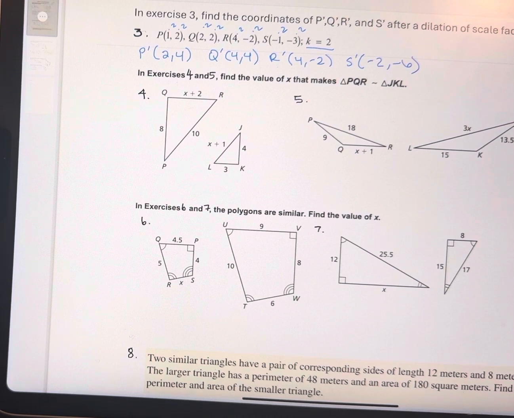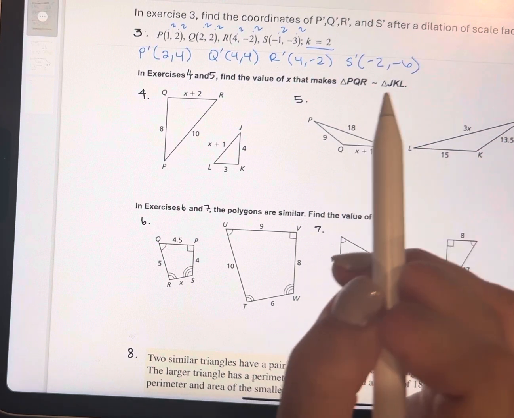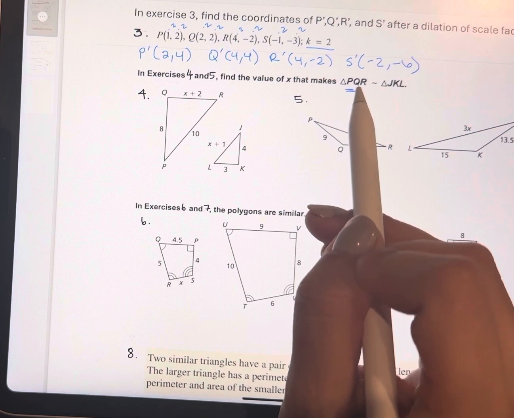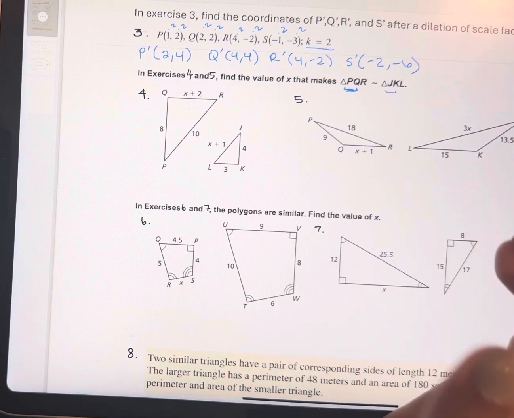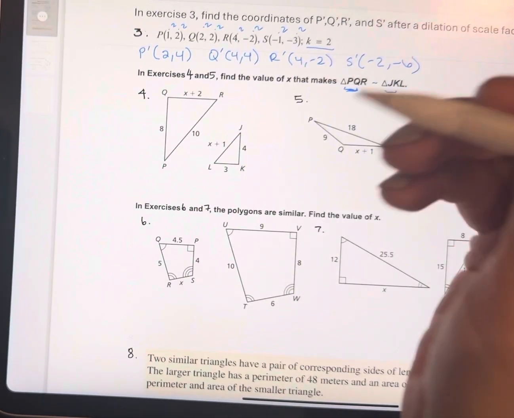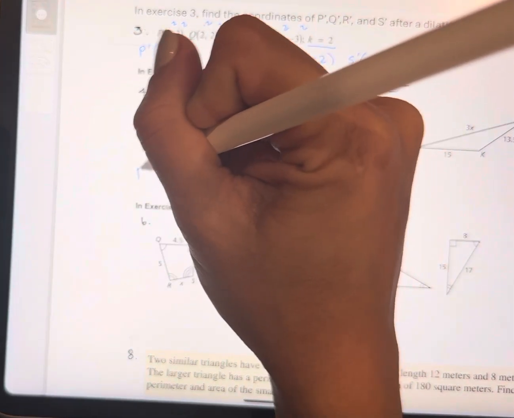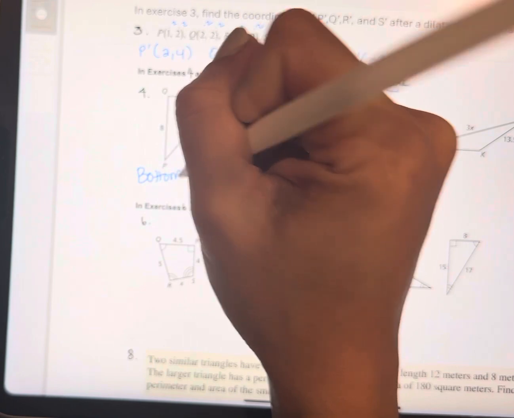So if we're going to be similar, corresponding sides must be proportional. So looking at the similarity statement, guys, PQ over JK. Oh, hold on. Nope, we're labeling top, bottom.